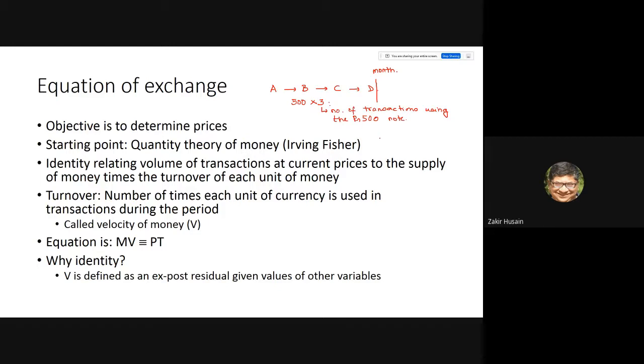If we assume that the average velocity is 3 for every note, every note will have undertaken transactions worth 1,500. I've got 4 such notes, so I have issued 500 into 4, and the velocity of money is 3. That is the amount of transactions these 4 currency notes have been used for.